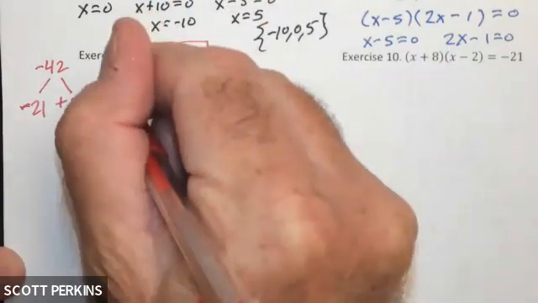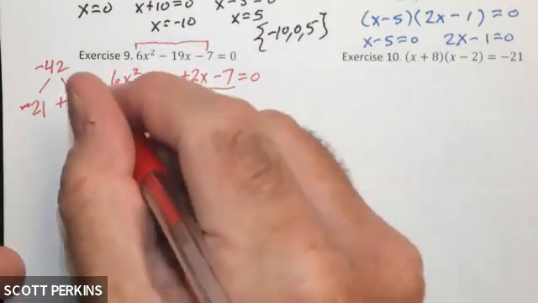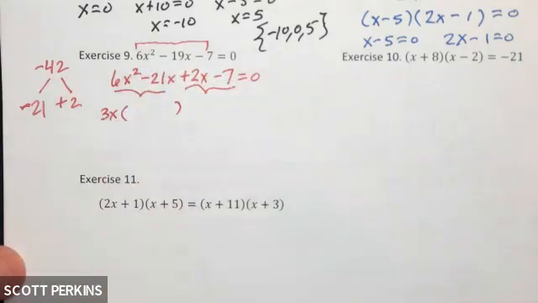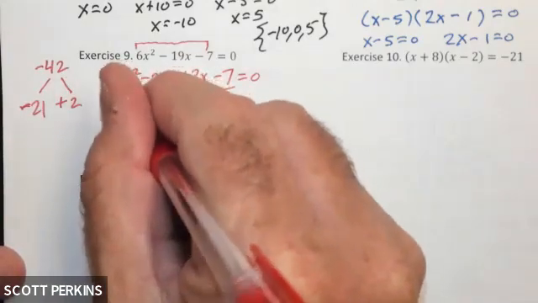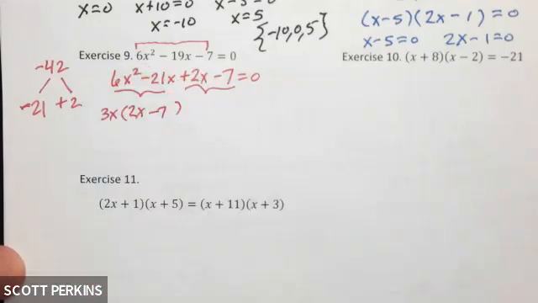The grouping step, I can take a 3x out of the first two. 6x squared, I factor out 3x, leaves 2x. -21x, factor out 3x, that's -7. Now, the second pair of terms, we encountered this situation a few days ago.